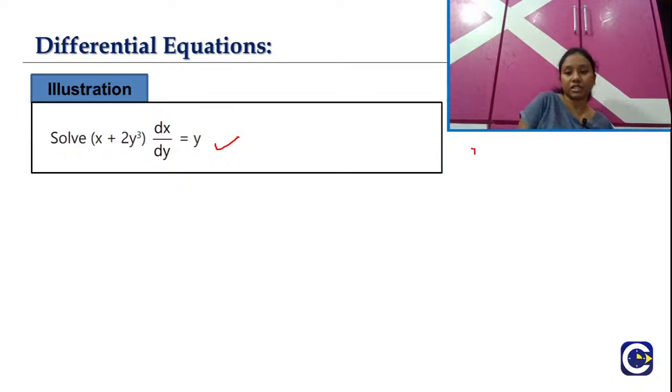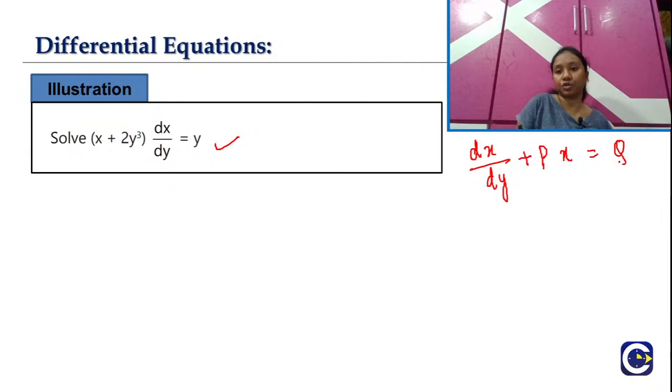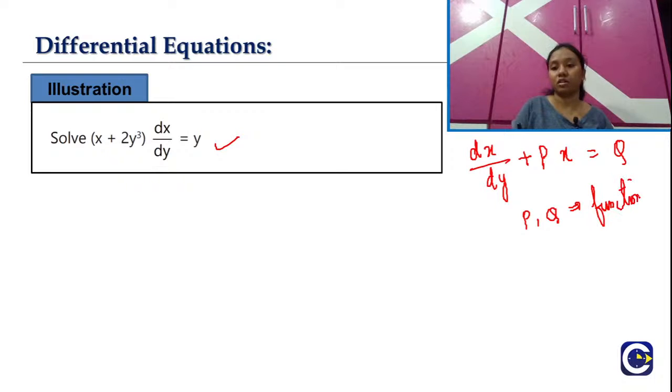Here it's in terms of dx by dy, so it will be dx by dy plus p into x is equal to q, where p and q are either constants or functions in variable y. So have a look over the standard form of linear differential equation and try to rewrite our given equation.